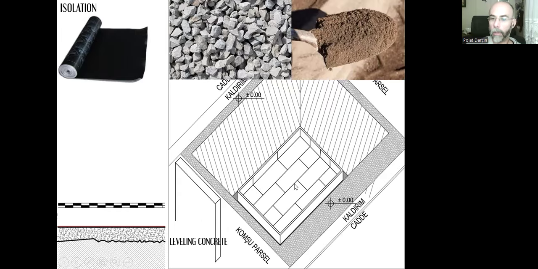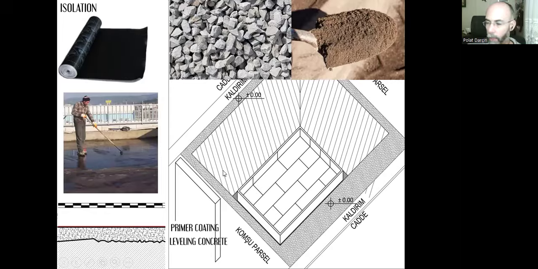And over this surface, we can apply liquid bitumen. That's what we call a primer coating, astar in Turkish, and it can be applied with a brush. It's just liquid bitumen. We just brush it over the surface of the leveling concrete. Now it's ready for our membranes.